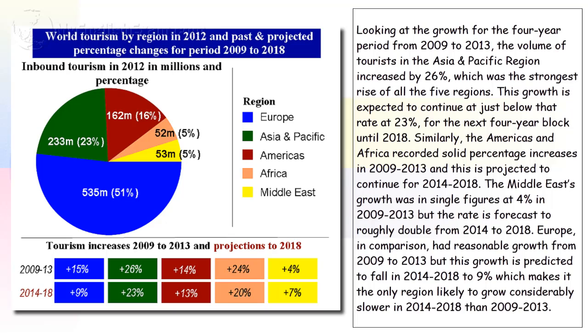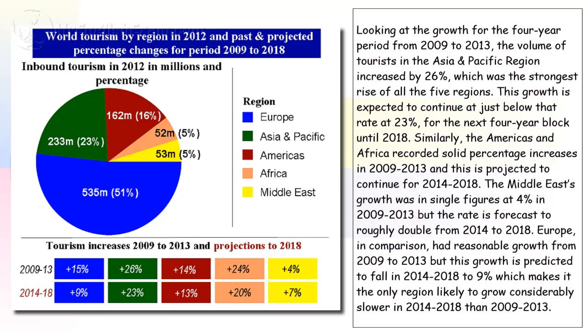Looking at the growth for the 4-year period from 2009 to 2013, the number of tourists in the Asia and Pacific region increased by 26%, which was the strongest rise of all the 5 regions. This growth is expected to continue at just below that rate, at 23%, for the next 4-year block until 2018.